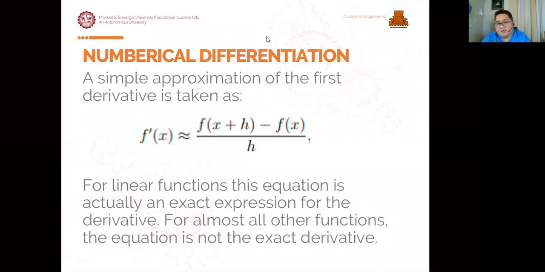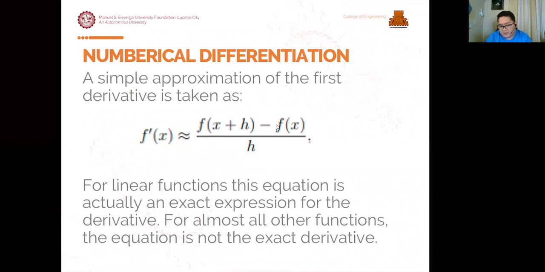For linear functions, this equation gives the exact first derivative. But when the function is complicated, this solution will not give an exact derivative, but a value near the exact value depending on our step size, the h.